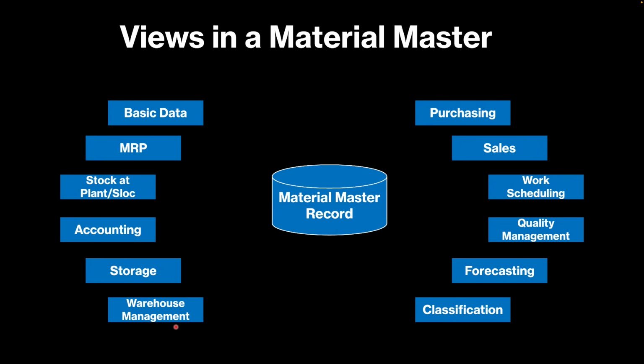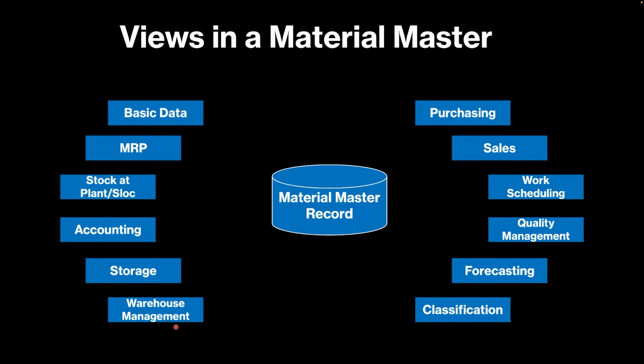If you are from finance or accounting department, then you will maintain the accounting related data. So in this way, you can see a material master record contains multiple department related views. And if you have a central person who is maintaining every data, then he has to collect the relevant data from all these departments and then feed it into the material master record.